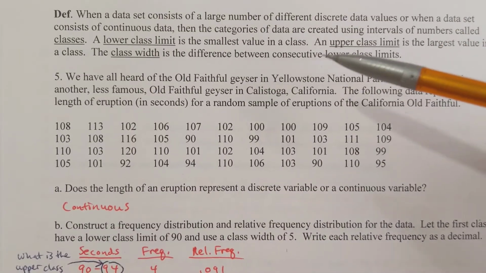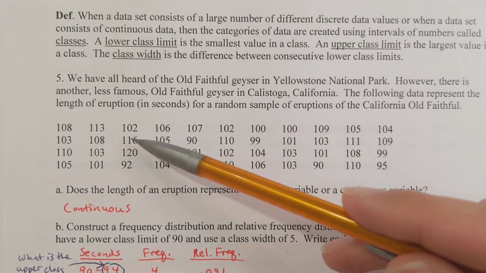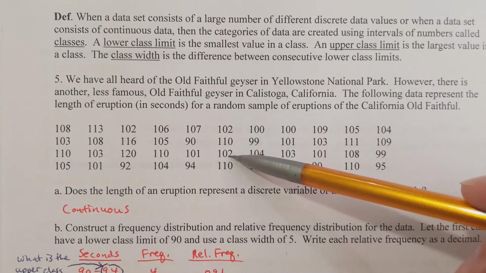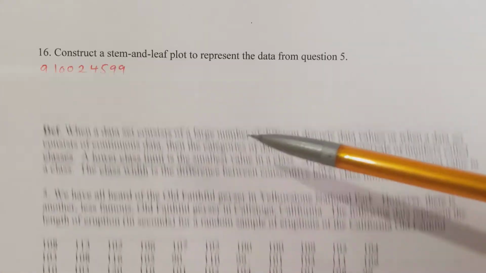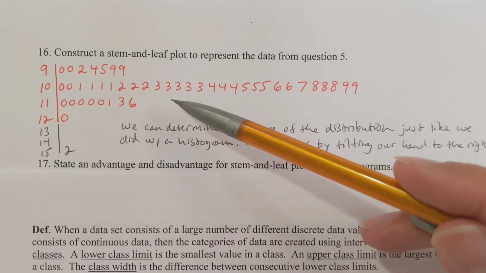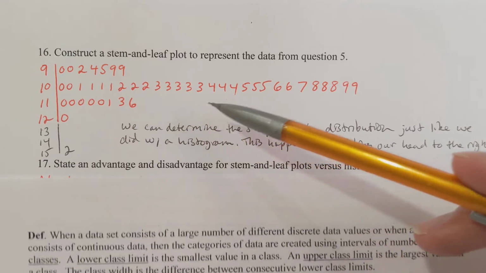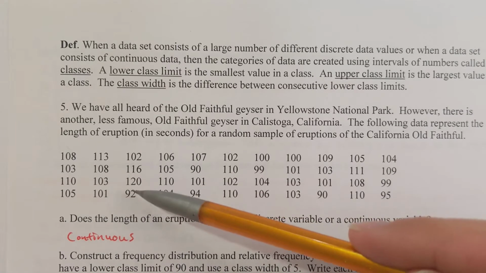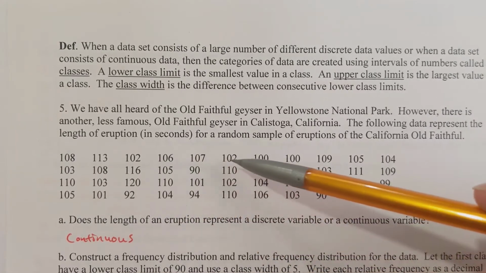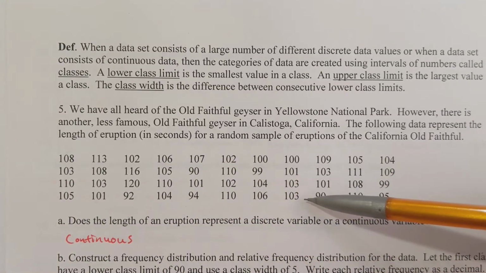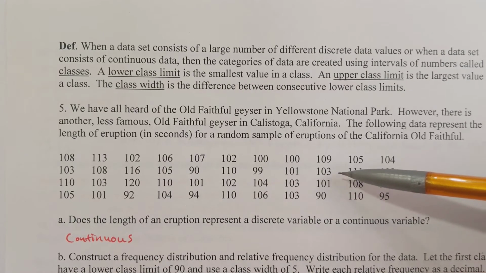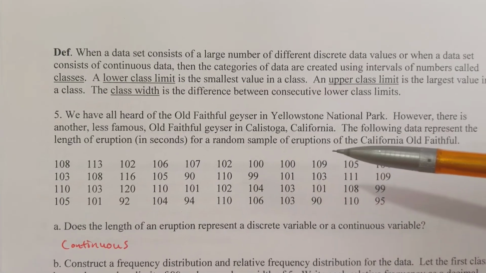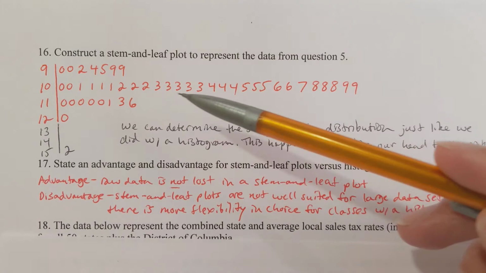There are 3 102s, so 3 2s. There are 5 103s: 1, 2, 3, 4, and 5. So I ignore the 10, and I write 5 3s.